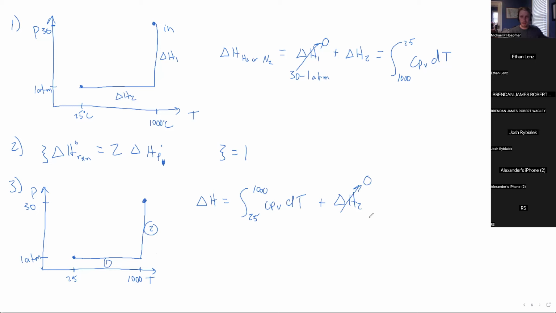So if we put it all together, the delta H, which is going to be equal to the heat, is going to be the flow rate of the nitrogen times the delta H from 30 to 1 atmosphere plus the delta H from 1000 to 25, plus same thing for hydrogen, plus the extent times the delta H of the reaction at the standard state.